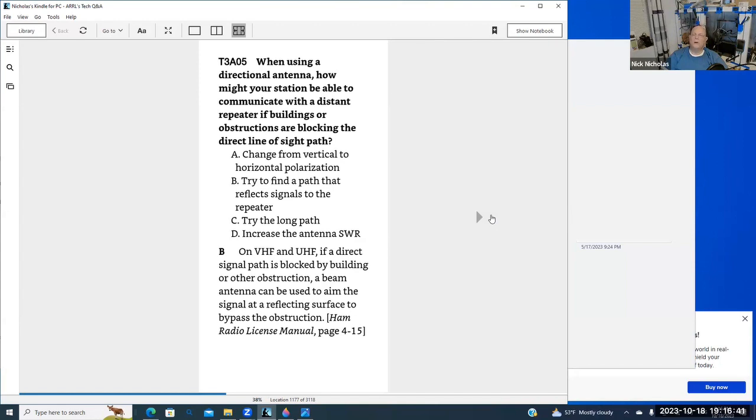It's also possible, by the way, to find a path that refracts the signal to the repeater. And with a beam, you can change the direction of most of the signal leaving that antenna. That's what a beam does. So, when we go through the theory on antennas coming up, we will discuss how beams do this.